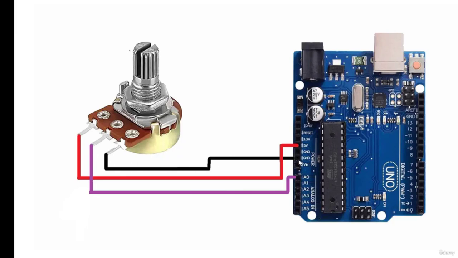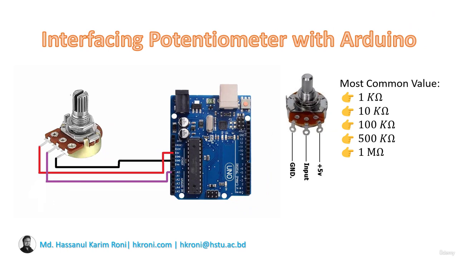This way we can connect any potentiometer with our Arduino and take analog input from this sensor. So let's see how we can use this potentiometer with Arduino and change the output accordingly in different applications like LED dimmer or RGB light generation, etc.